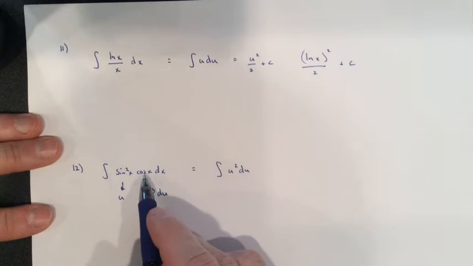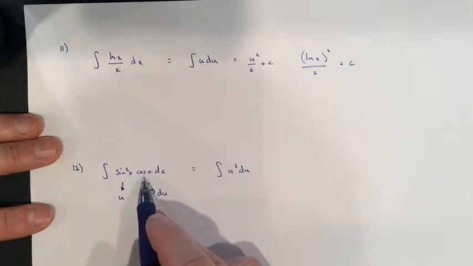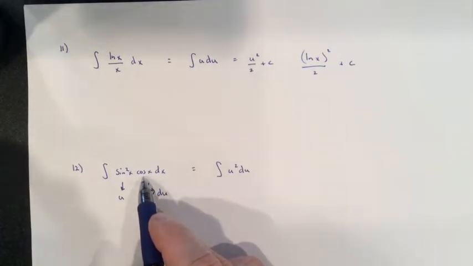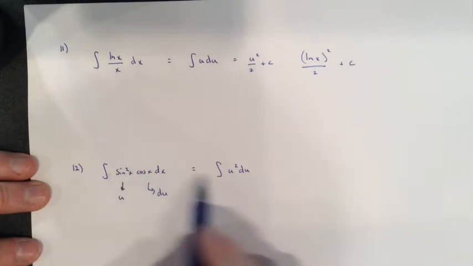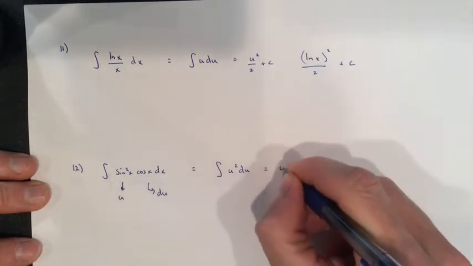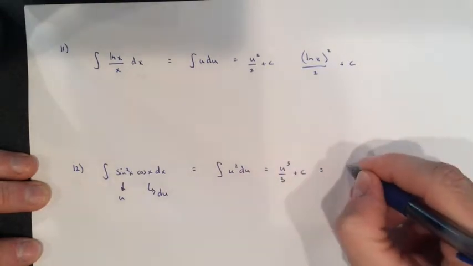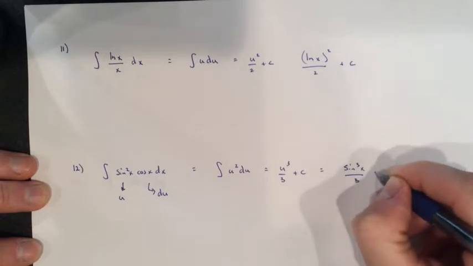Now, if it was like cosine cubed, we'd have to rip off a cosine and turn the remaining even cosines back into sines using cosine squared plus sine squared is equal to 1, but there's just one cosine and there's a bunch of sines, so we can do this. We get u cubed over 3 plus c, which is just sine cubed over 3 plus c.